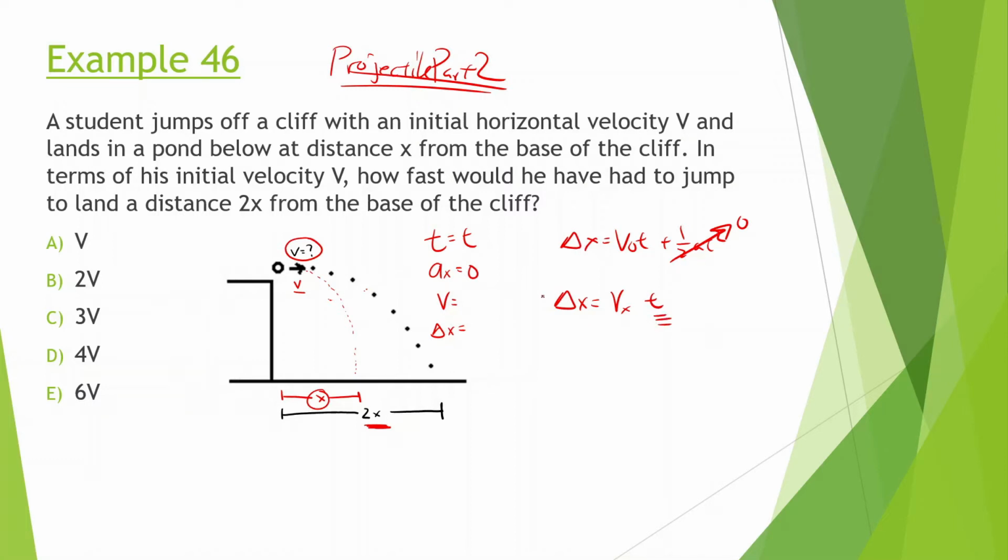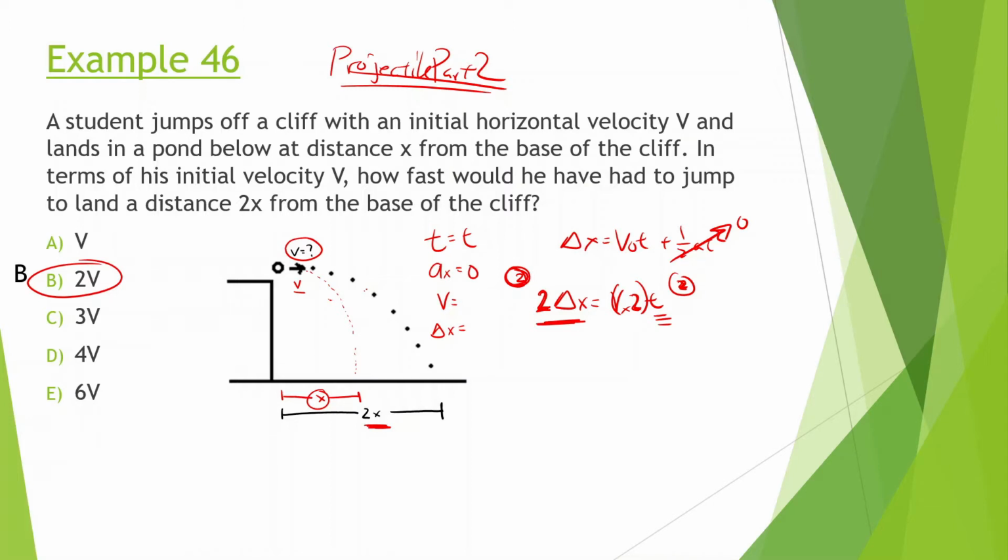But if we want to go twice as far, that means this side of the equation changes by a factor of 2, and we need to make this side change by a factor of 2. What that means is velocity here has to also change by a factor of 2 in order for both sides to change by a factor of 2. So the velocity has to change by 2, and then that will go twice as far.